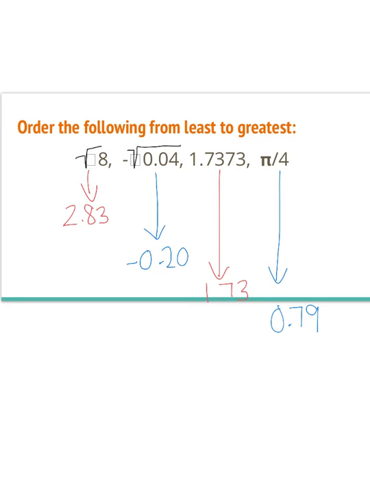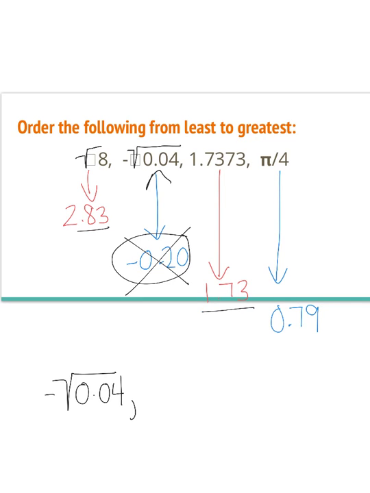So now I want to put them in order using the original format. So I know that this negative is going to be the smallest of the 4. And in the original format, it was negative square root of 4/100. That's done. I'm going to move on. So I have $2.83, $1.73, and 79 cents. The smallest there is the 79 cents.